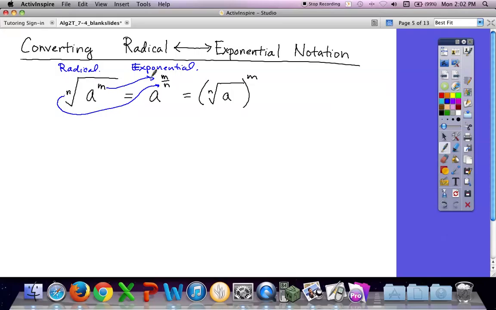So what this thing says, just the way it's written here, it's actually saying a to the m raised to the 1 over n power. But how do you simplify when you raise a power to a power? What's the operation between those two?